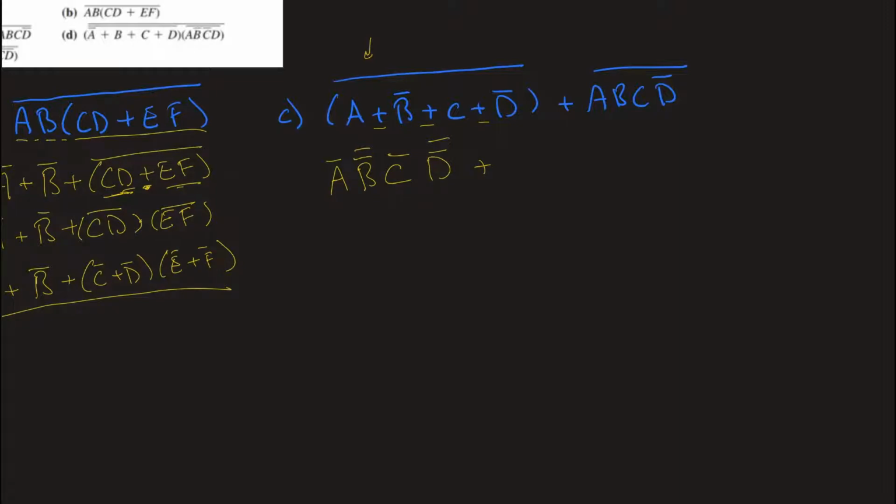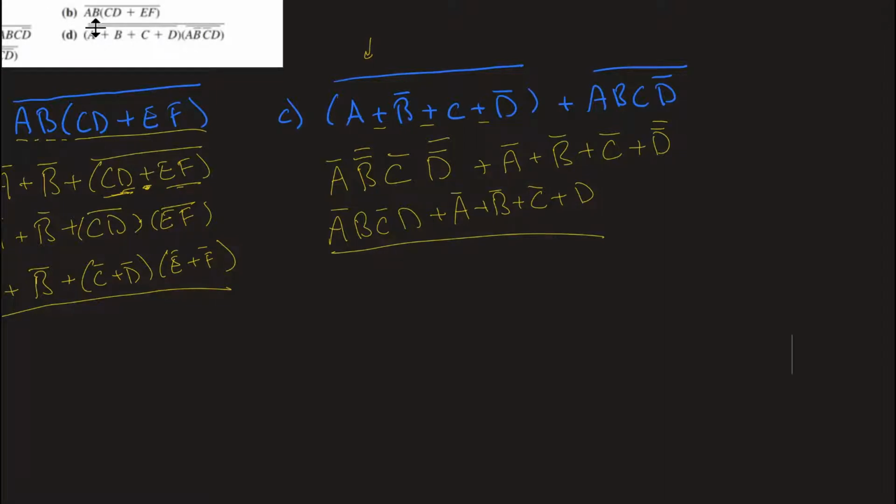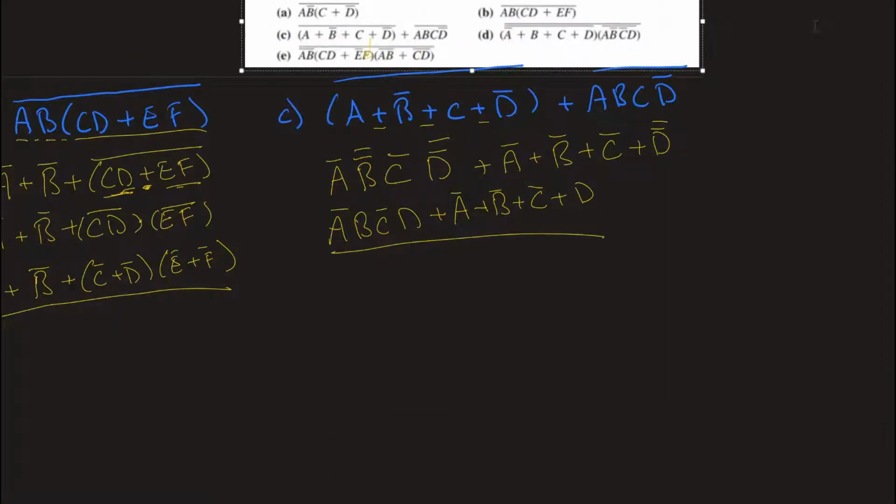Or, over on this side, we get A naught or B naught or C naught or D double naught. Alright, and this is going to leave me with A naught, B, C naught, D, or A naught or B naught or C naught or D. Alright, so that's C. Let me drag this over so I can keep working on these.